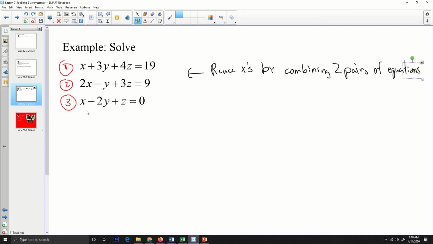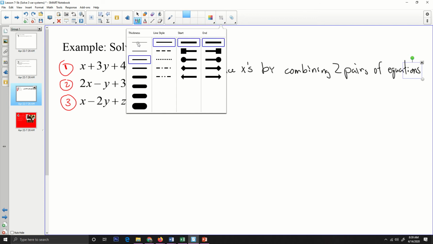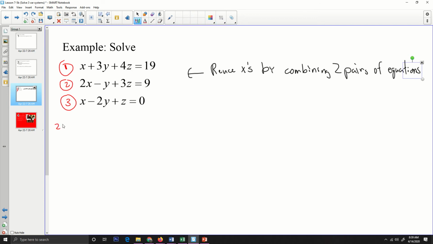So the first thing I'm going to do is take equation number 1 and multiply it by 2. So I'm going to go 2 times equation number 1, and then from that, I'm going to subtract equation number 2. That's going to cancel out the x's.